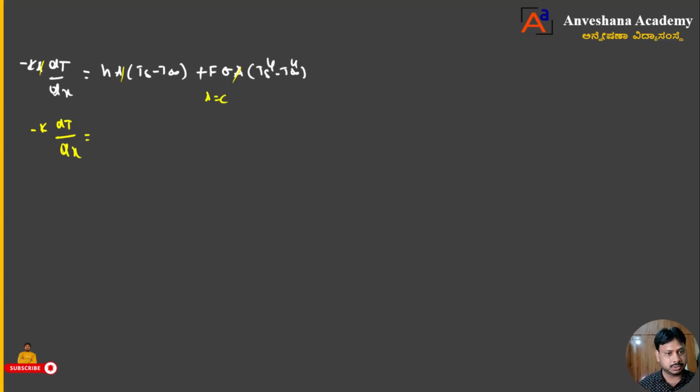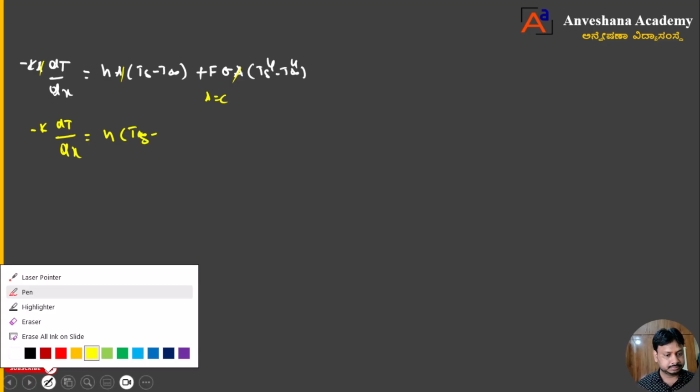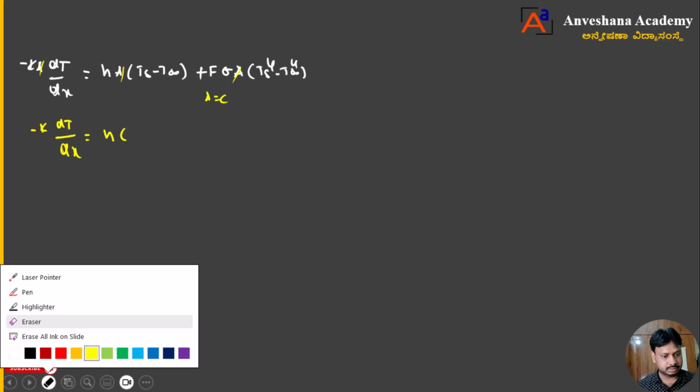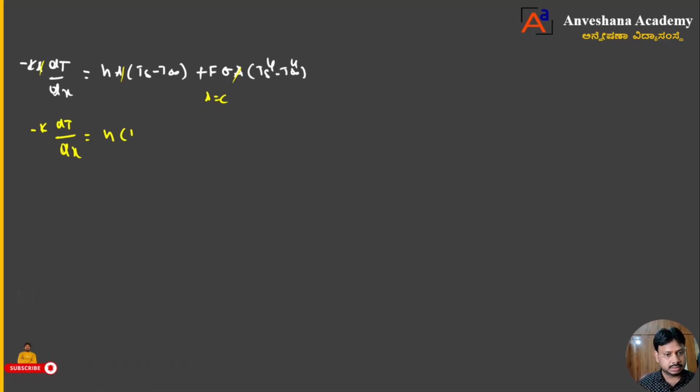So that is equal to h (Ts minus T infinity) plus F sigma (Ts to the power of 4 minus T infinity to the power of 4).